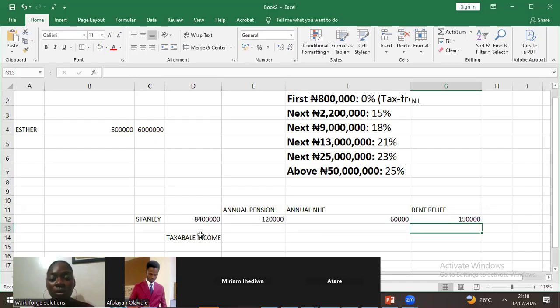Now remember this is our gross. We'll now have to remove this, and this to get our taxable income.